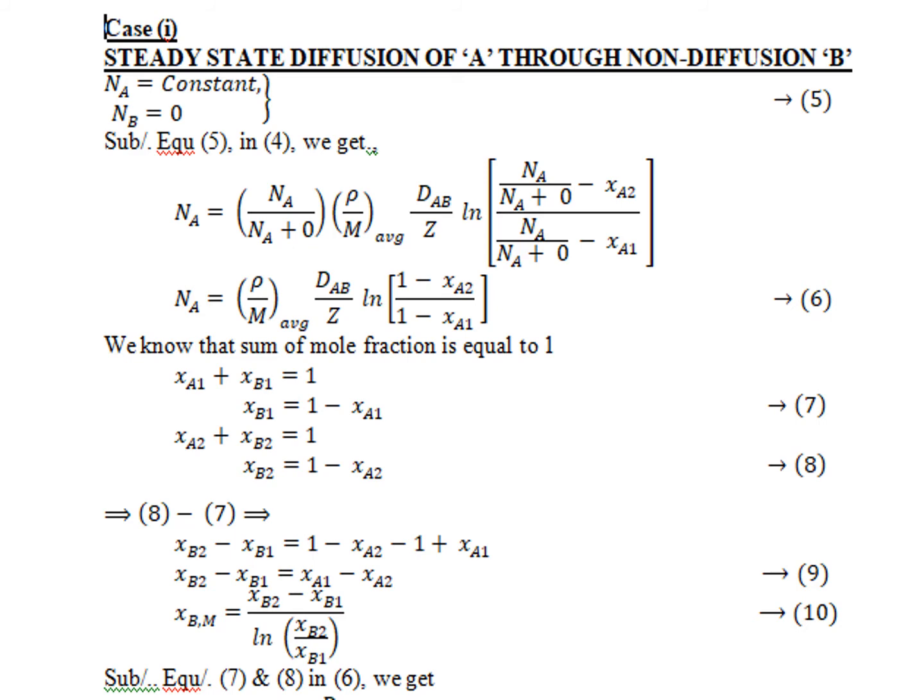So what is the use here? Logarithmic mean mole fraction is used to determine the mole fraction driving force for mass transfer in liquid. That is very important. Whereas for gases, the logarithmic mean partial pressure is used to determine the pressure driving force for mass transfer in gases. That is very important here.